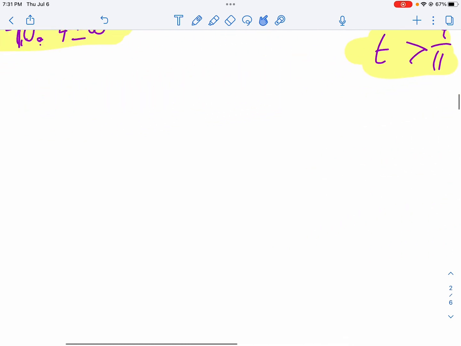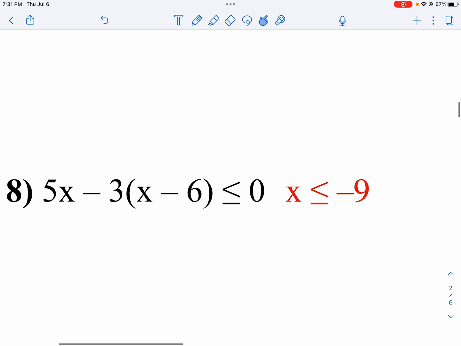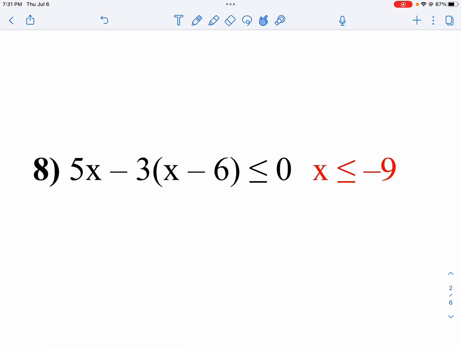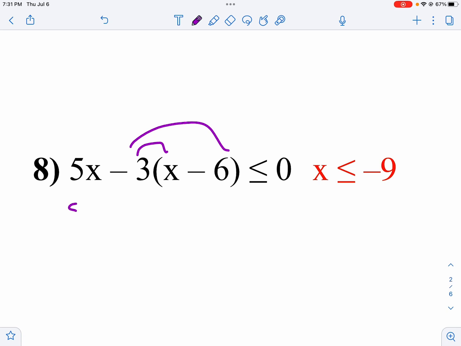Let's take a look at number 8 here. Now number 8, let's simplify first before we do anything. So distribute that negative 3 inside. So I'll get 5x minus 3x plus 18 is less than or equal to 0. Combine your like terms. Notice I can combine 5x minus 3x.